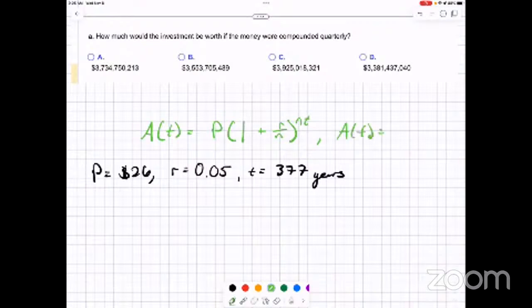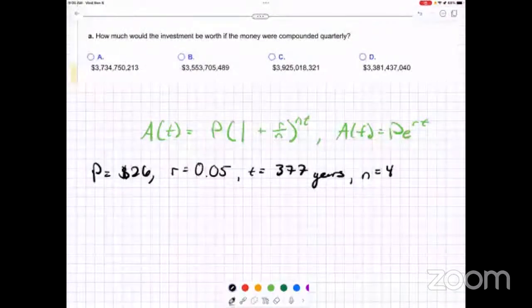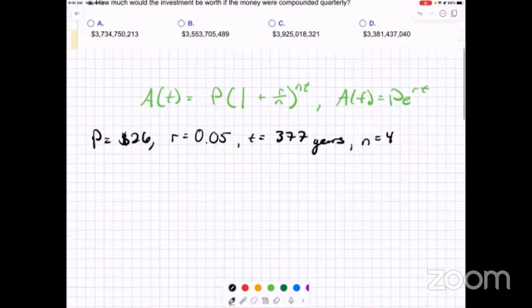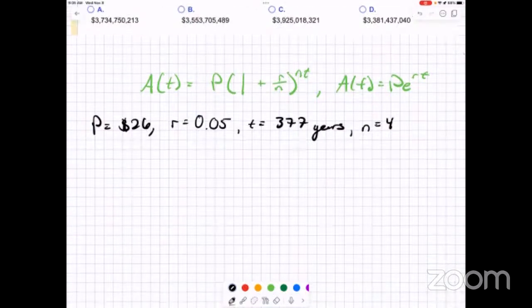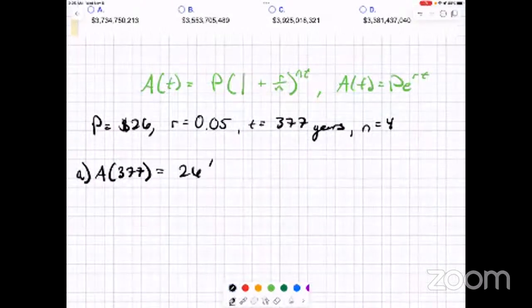That means the interest is applied four times in a year. So for part A, we're calculating the amount after 377 years. It's going to be the $26 times (1 plus the rate, 0.05, over n, which is 4) to the power of 4 times 377.